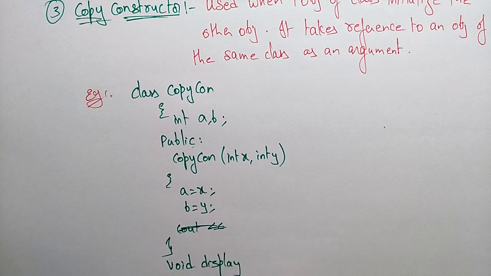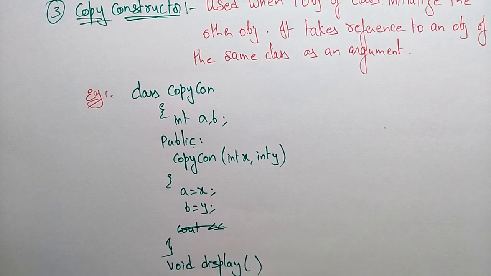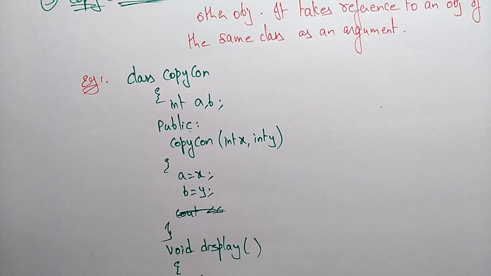Void display, cout, here I'm printing the values a, a tab, and b. Okay, now close the class.